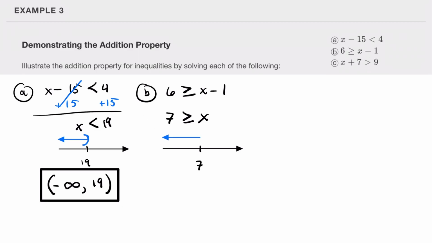Because x can be equal to 7, we use a square bracket. In interval notation, the far left is negative infinity and the far right is 7. Infinity always gets a parenthesis, and because we include the 7, we use a square bracket.